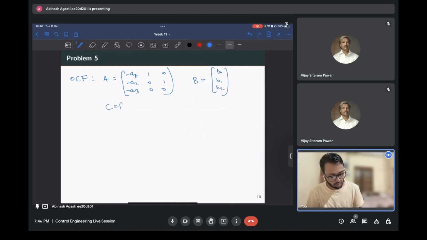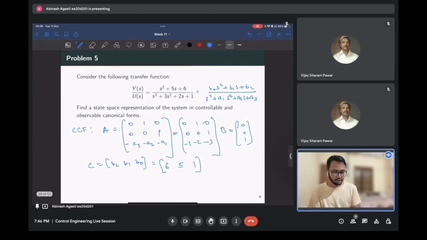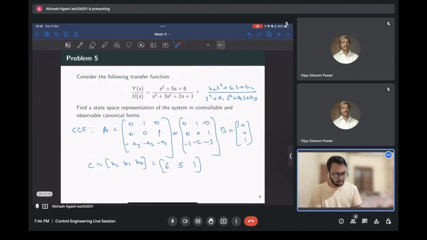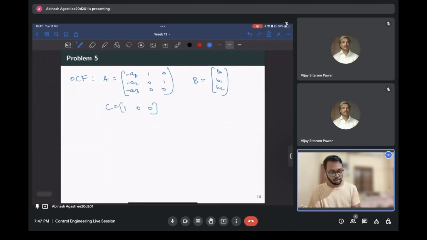C is equal to 1, 0, 0. Now, see here that this is very similar to this one. In fact, the A matrix there is the transpose of this. The B matrix there, like the C and B are kind of exchanged. And so, you can see, right?